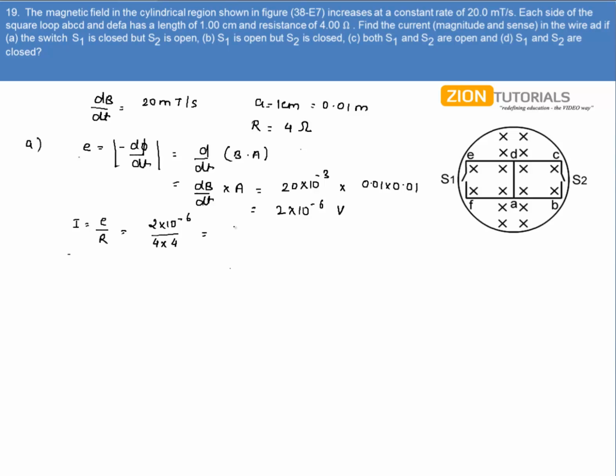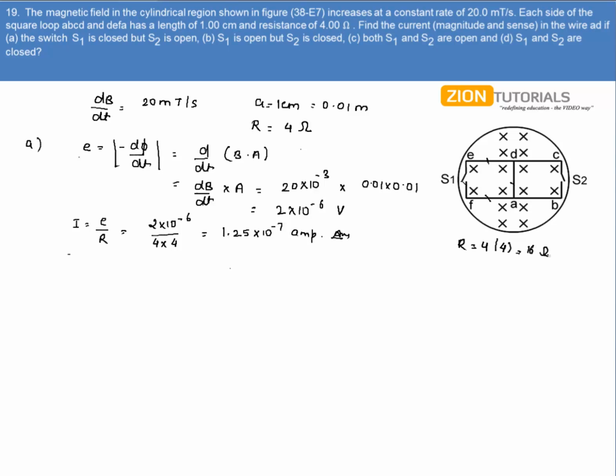So on solving we get the current as 1.25 × 10^-7 ampere. That is our answer. Again note that the resistance of this complete loop will be 4 times the resistance of this side, this side, this side and this side, which are equal. So 4 times the resistance of each side, that is 4 ohm, we have 16 ohm.